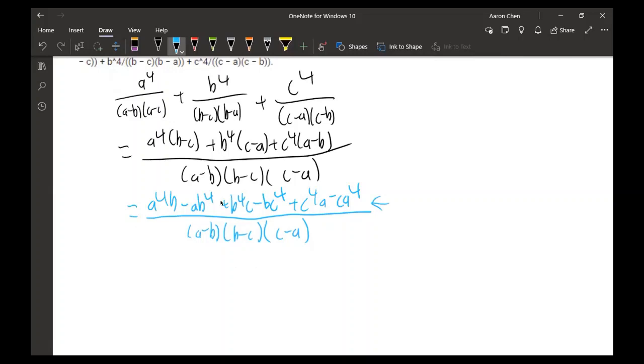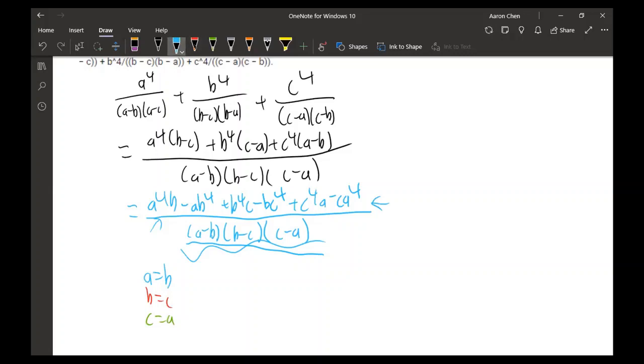And the reason for this is that hopefully it can cancel out with stuff in the denominator. So we really just want to see if any of these are roots of the numerator here. The way we check this is by setting a equals b, b equals c, and c equals a.